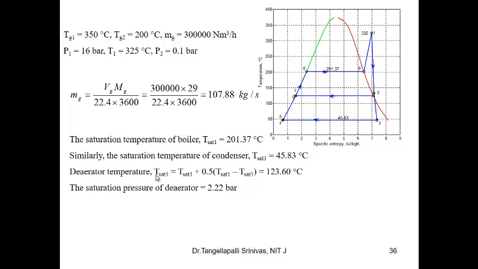So the deaerator saturation temperature is equal to the condenser saturation temperature plus 0.5 times the boiler saturation temperature minus the condenser saturation temperature. That is equal to 123.60 degrees centigrade. The saturation pressure of the deaerator at 123.6 degrees centigrade is 2.22 bar.